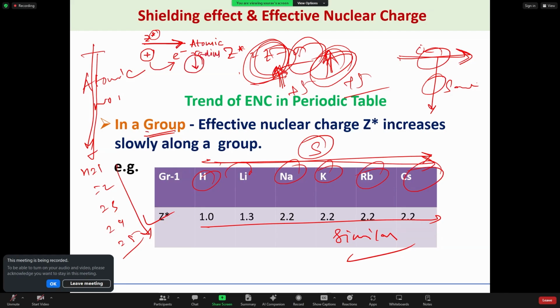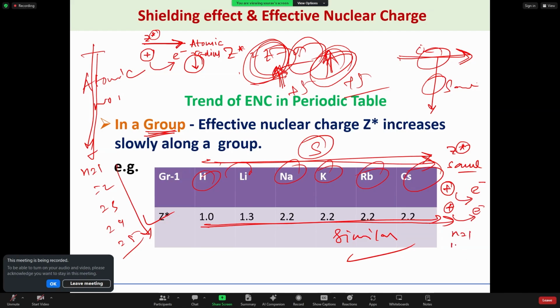But in a group, this Z star value is the same. That means there is the nucleus, there are the electrons. When we are going from hydrogen to lithium, lithium to sodium, potassium, rubidium, cesium, this effective nuclear charge value is the same. But what is happening here?